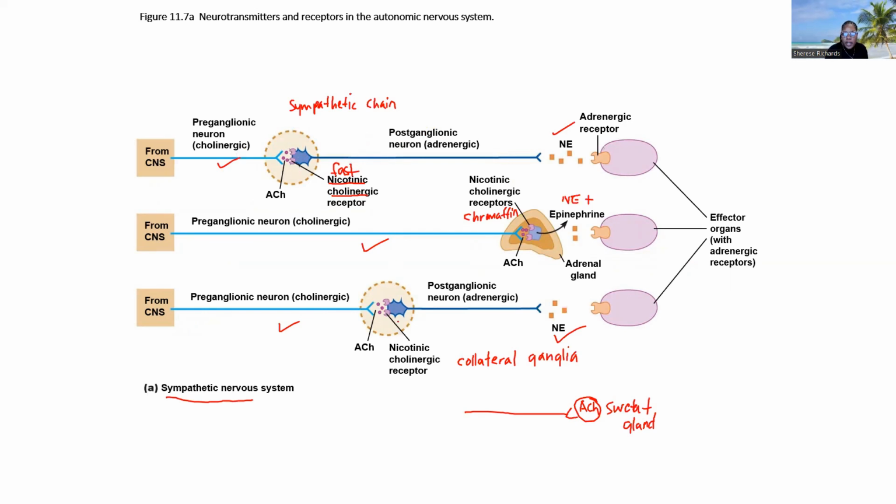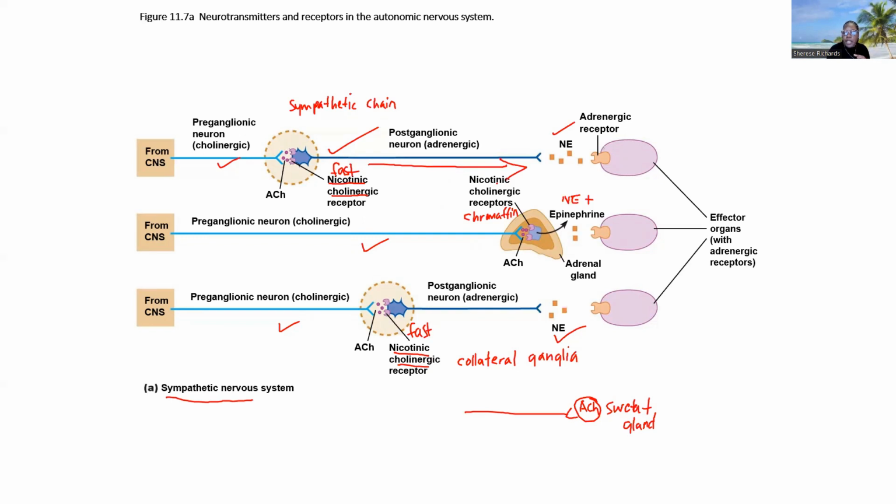If we consider the collateral ganglia, there are also nicotinic cholinergic receptors also having a fast response. So as soon as acetylcholine is released from our preganglionic neuron, it binds to this fast nicotinic receptor, it opens up a channel, and it immediately depolarizes the postganglionic neuron, and then action potentials can move down towards the effector.